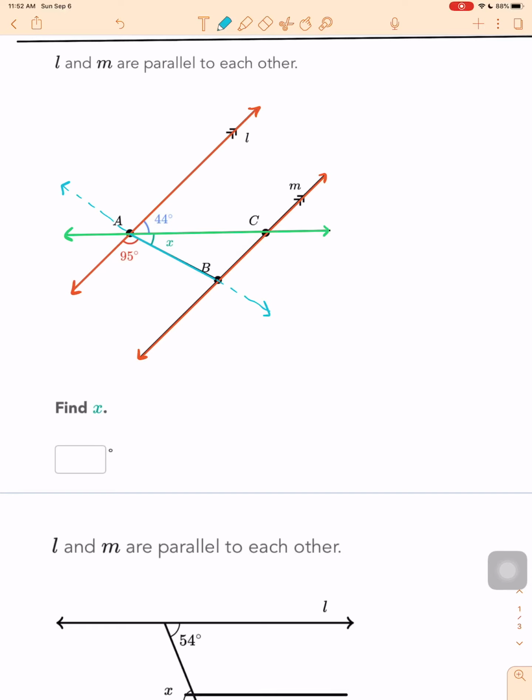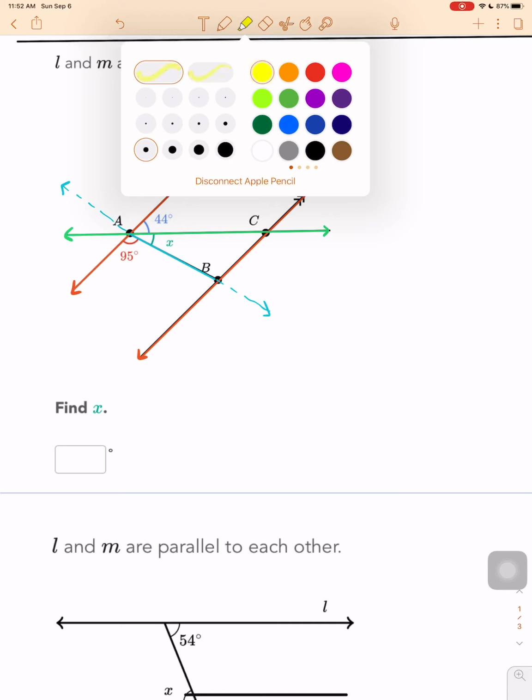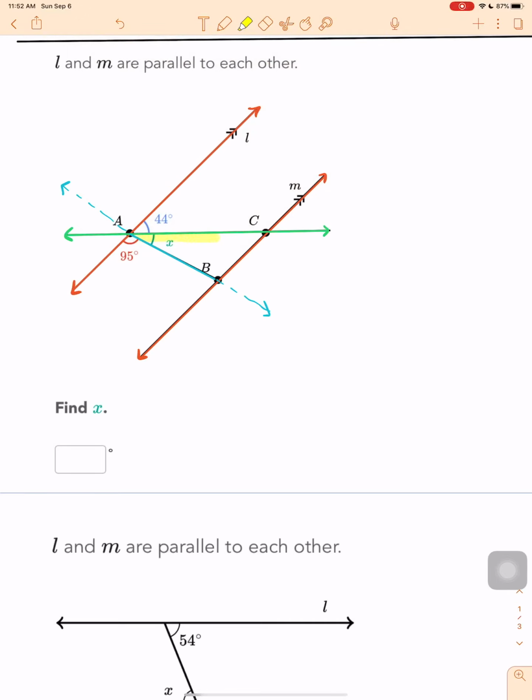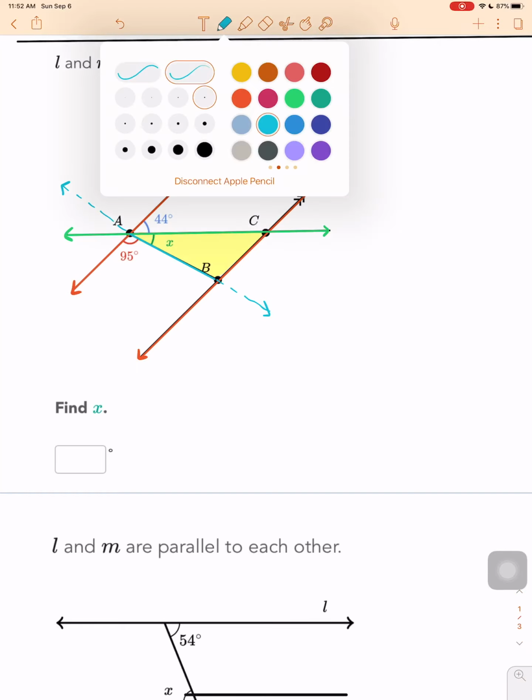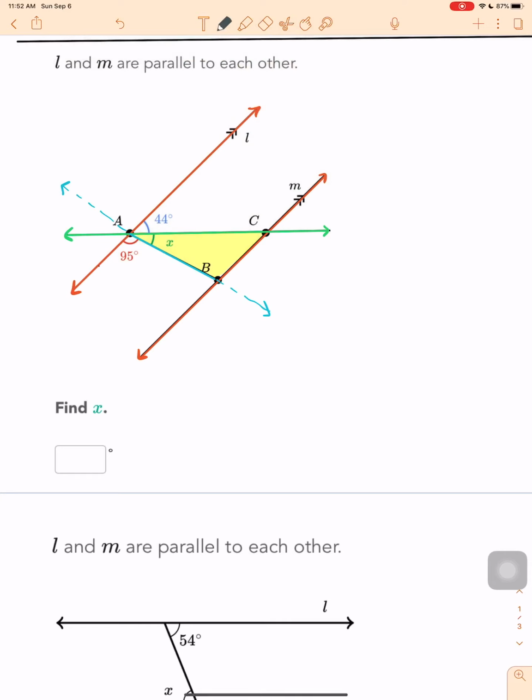Now, I notice here, oh wow, look at that. There is a triangle in here. That might be useful, it might not be, but it's good to just recognize that. And then I also notice that all of my angles here that I'm given, 95, 44, and x, are supplementary. They all add up to equal 180 degrees because they create a straight angle.